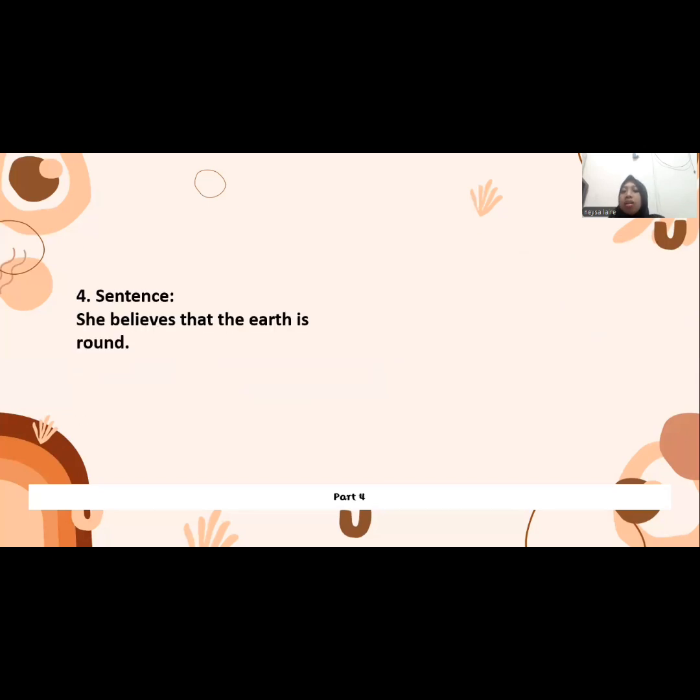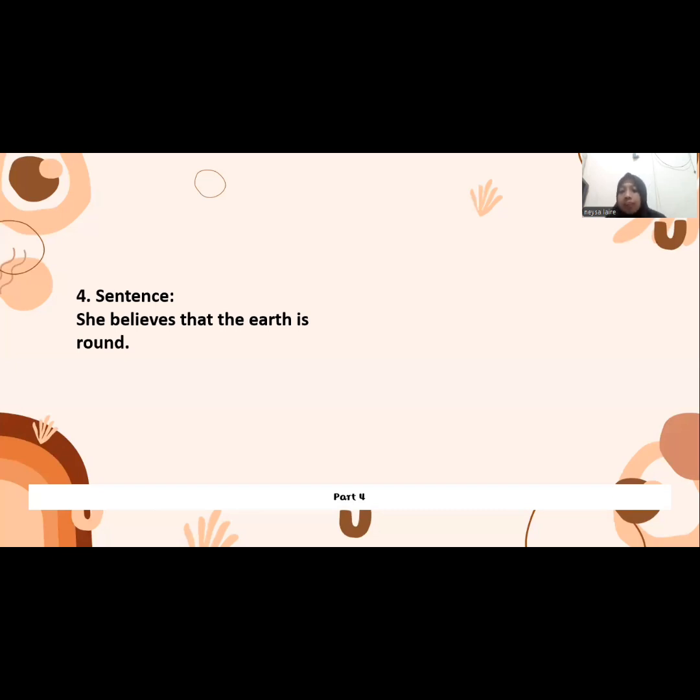Sentence 4: She believes that the Earth is round. The diagram structure description: subject noun phrase, verb phrase, verb believes, clause phrase, complementizer that, subject noun phrase the Earth, verb phrase, verb is, adjective phrase round. Analysis. This is a complex sentence containing a complement clause.